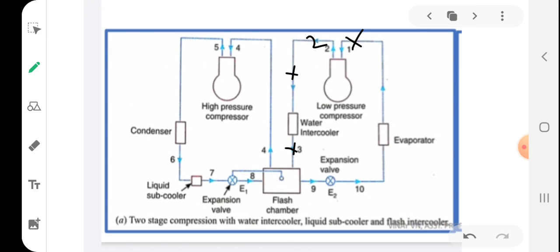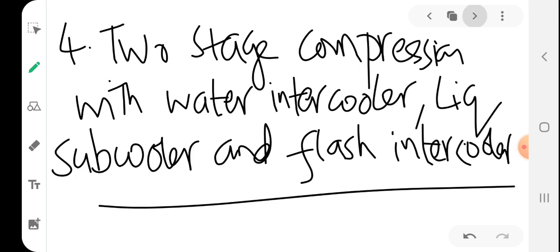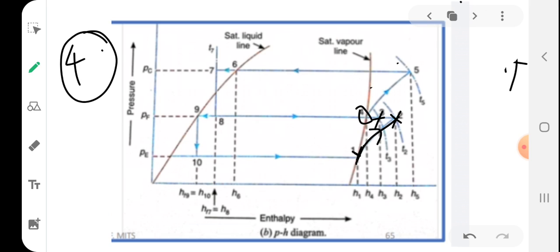I am using a flash intercooler here. After entering the flash intercooler, it will exit from the flash intercooler at the state 4. At the state 4, it is completely in the saturated vapor form. So it reaches saturated vapor form.